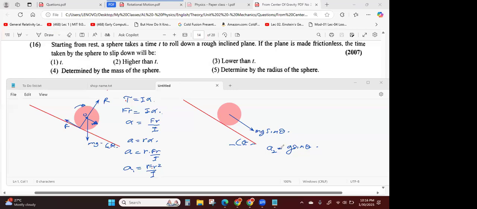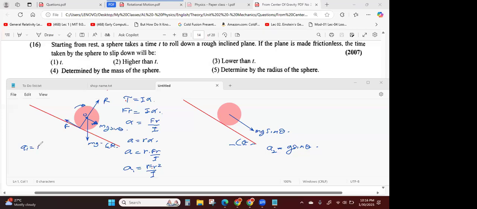Here I want to compare A1 and A2. For A1, it is rolling, which means the force is balanced, so F equals mg sine theta.